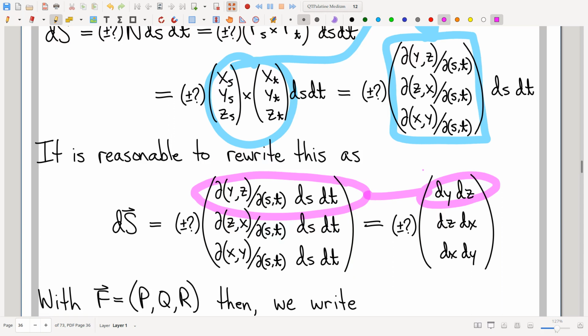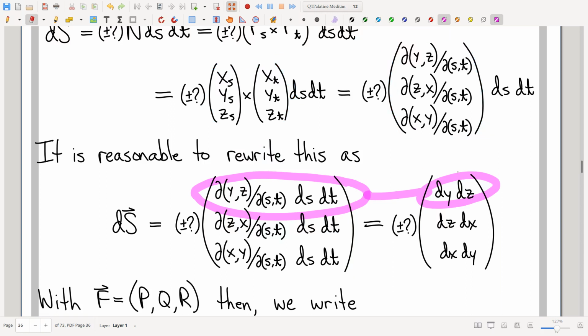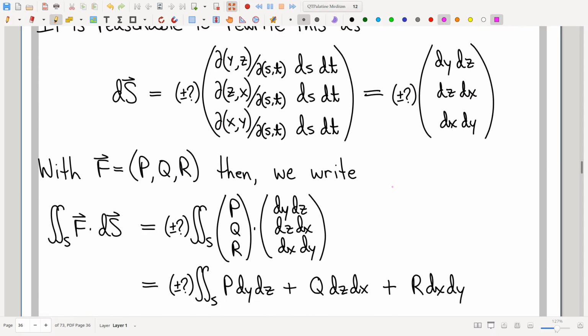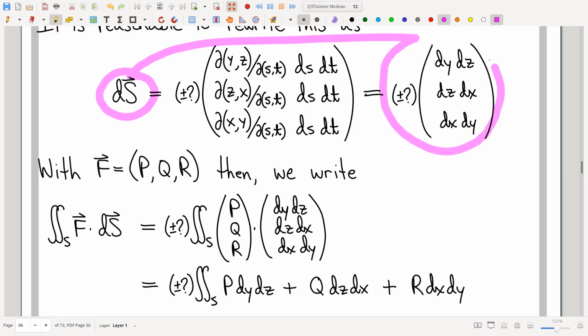What we're going to do here is just take advantage of the fact that, that's the wrong word. We're going to see the consequences of that equaling that. Namely, of dS being rewritable in terms of these, let's see what we call these, coordinate surface differentials.